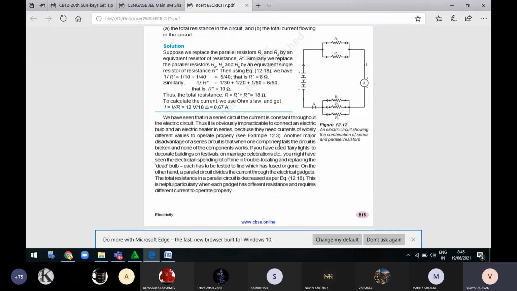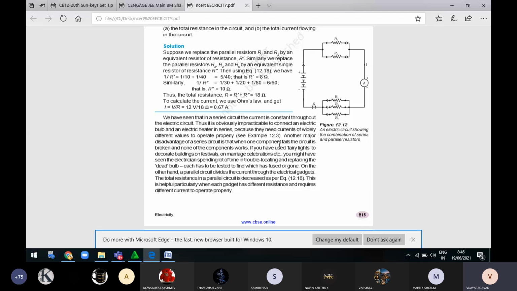Each bulb has to be tested to find which one has failed. You know what a serial light is, the serial set. Here all the bulbs are connected in series, one after another.